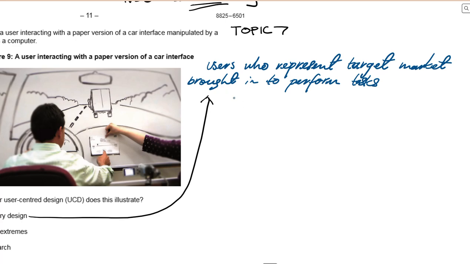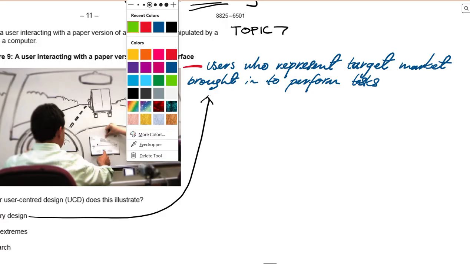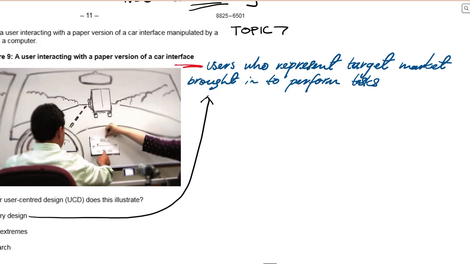So another point. Sorry, let me use a different pen color, red. Just want to highlight each point. So to perform tasks, and this should be realistic tasks, right?